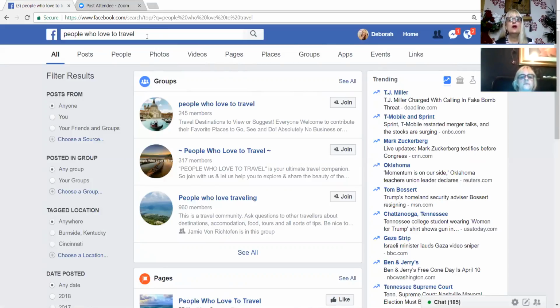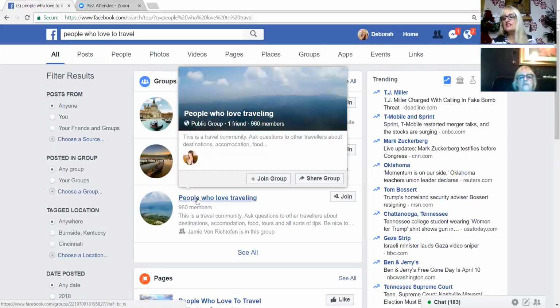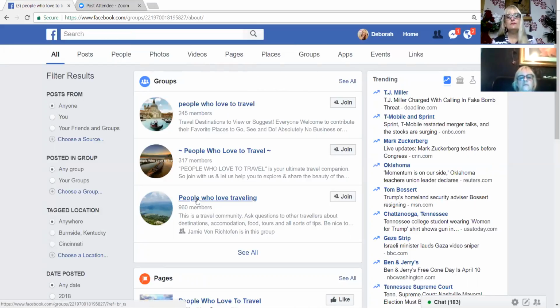But I'm generically going in here. So here are some groups of people who love to travel. There's 245 in here, 317 and 960. So I would automatically go to the 960.